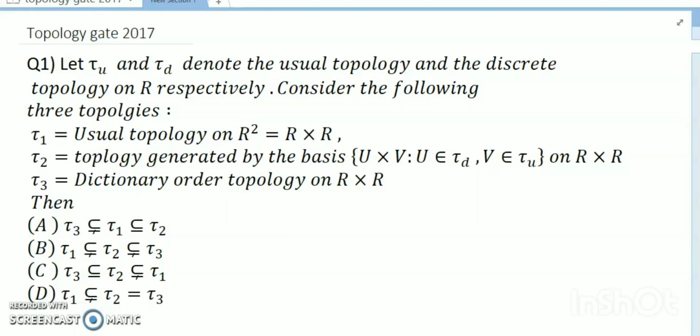Today's discussion is the GATE 2017 topology problem. Friends, this problem is very interesting. Let tau u and tau d denote the usual topology and discrete topology on R. So friends, now the question is, what is usual topology?